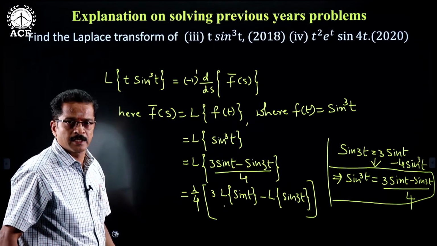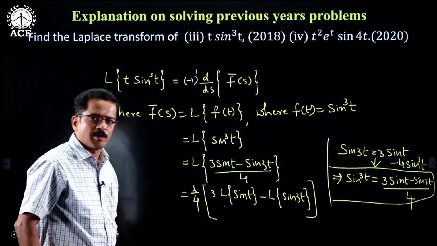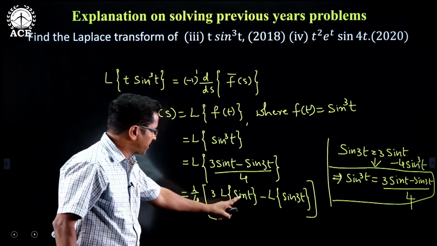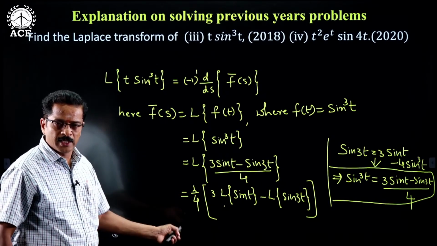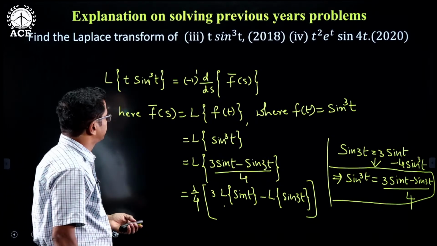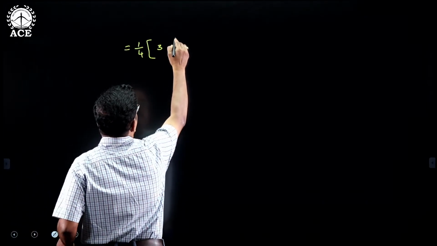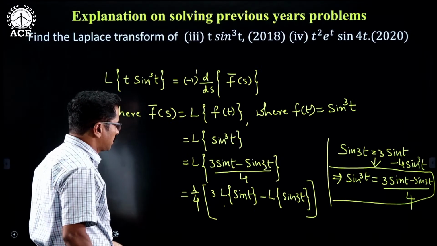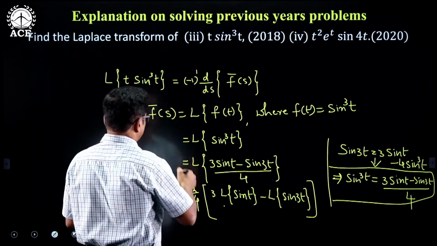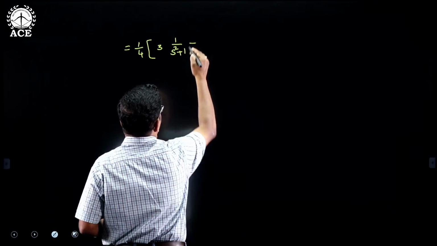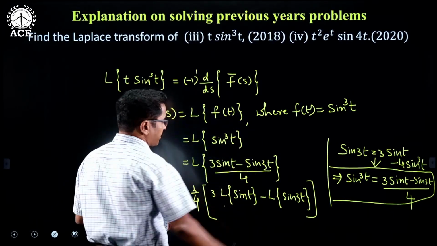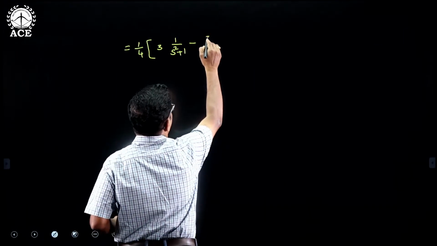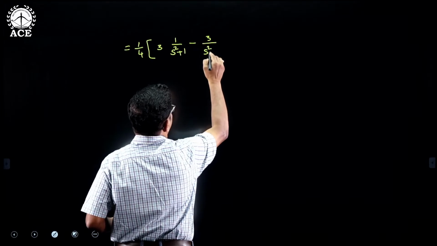L of sin at, the formula is a by s square plus a square. In the place of a we have 1, so 1 by s square plus 1. Minus L of sin 3t, which is 3 by s square plus a square, that is 9.